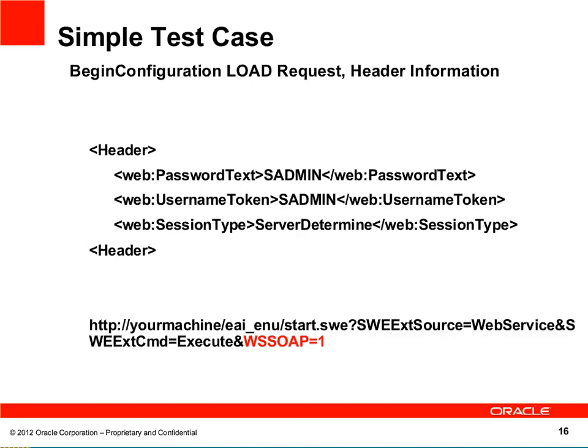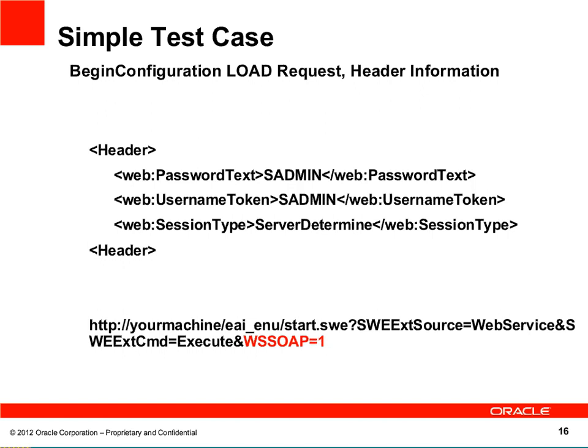Now the header information. Remember that we need to use session management. Therefore, we specify in the connect string WSOAP equals 1. In this case, we cannot specify username, password, and so on in the endpoint; we need to specify it in the header.